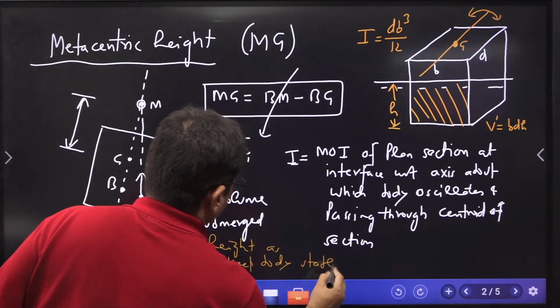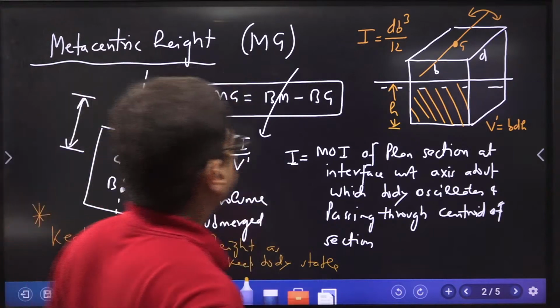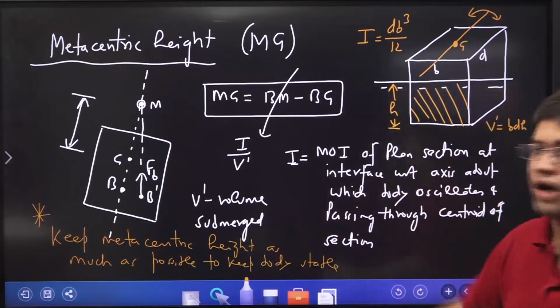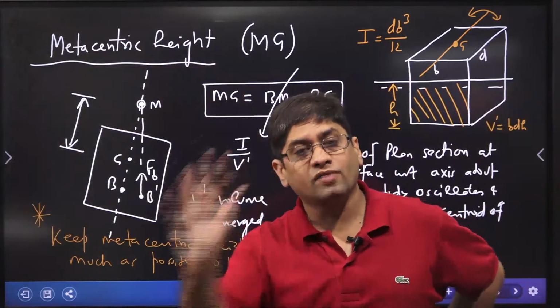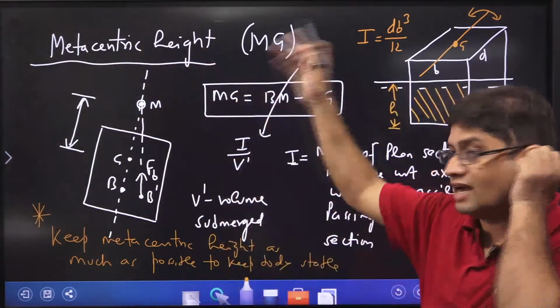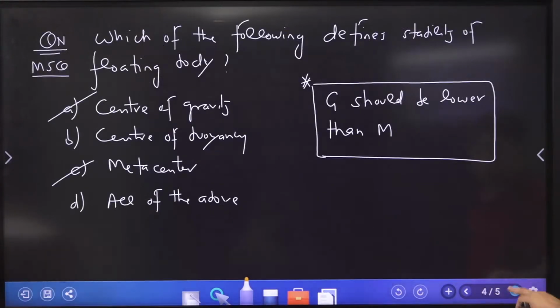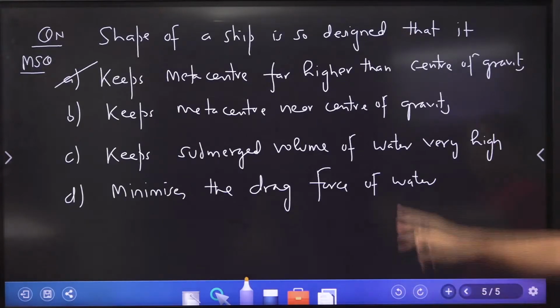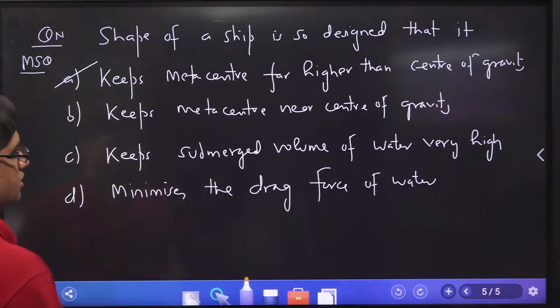If the metacentric height is very high, that means if M is far more than G, the body will always be stable. So keep the metacentric height as high as possible.